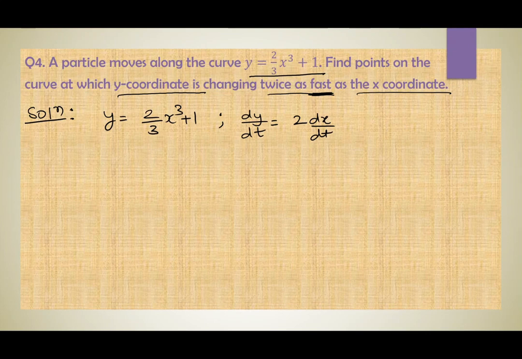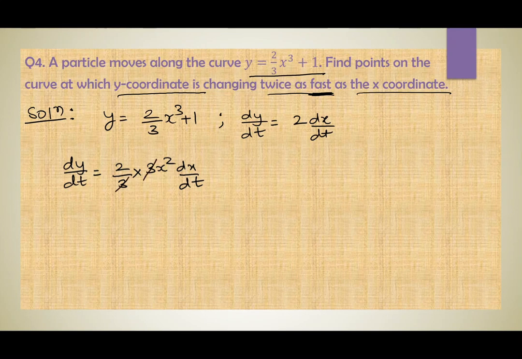So let's now just differentiate the given curve first of all. इसको अगर डिफरेंशिएट किया तो मिलता है dy by dt is equal to कितना आएगा 2/3 into 3x square into dx by dt, बाजू वाला 0 रहेगा. Now this gets cancelled.